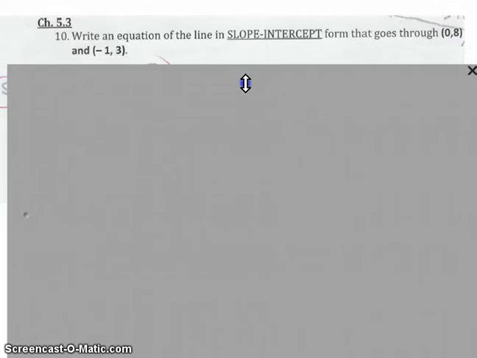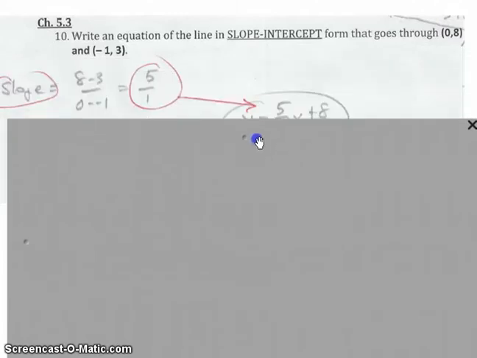Now we're moving on to chapter 5.3. We're sticking with slope-intercept, and we're working from 2 points. Well, I'm going to want to find slope. I've got more point information than I might want, but I don't have any slope information, so I've got to come up with that.